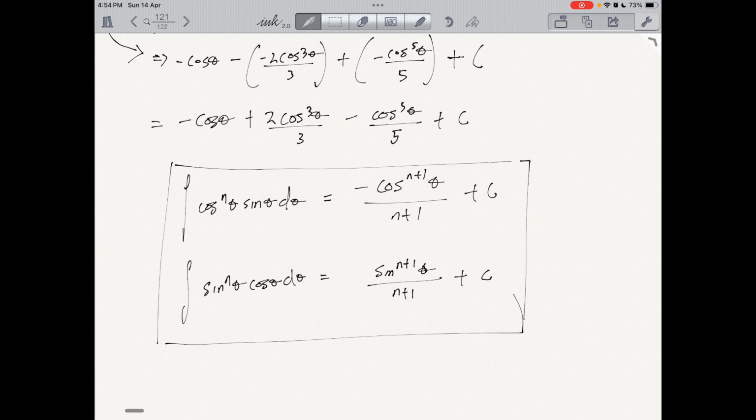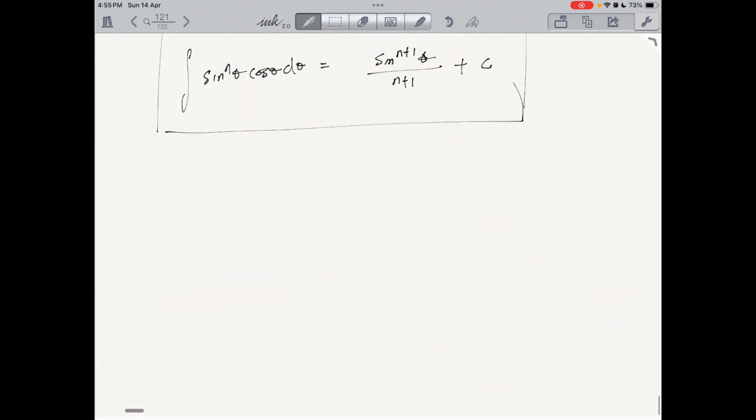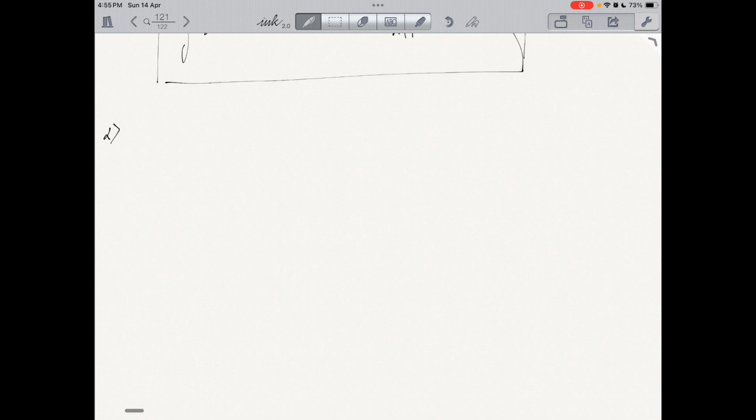Let's take another question. Let's integrate sine square x cos cubed x dx. Now, we know that cos cubed x can be written as cos square x multiplied by cos x.